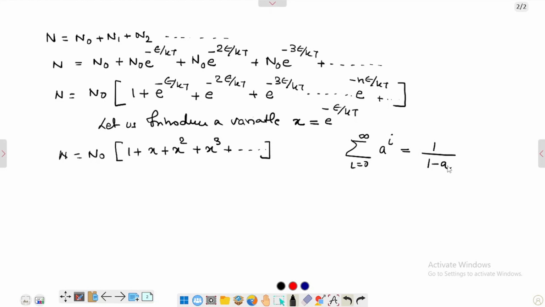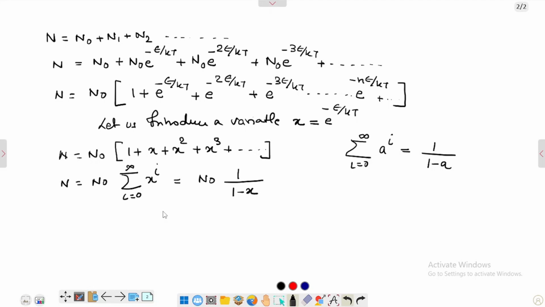That's your convergence. So in this case also, I will write N equal to N0 summation of i equal to 0 till infinity x to the power i, and that gives me N0 times 1 divided by 1 minus x.